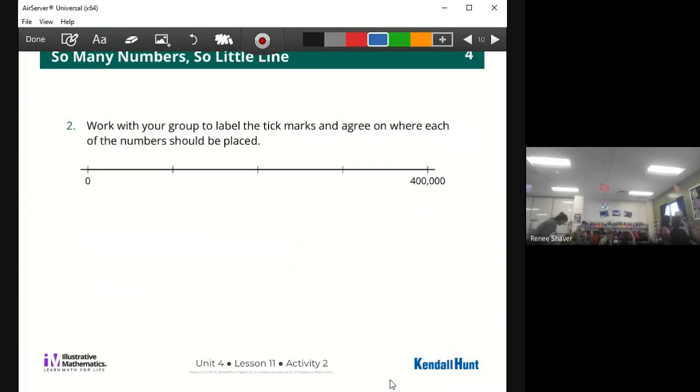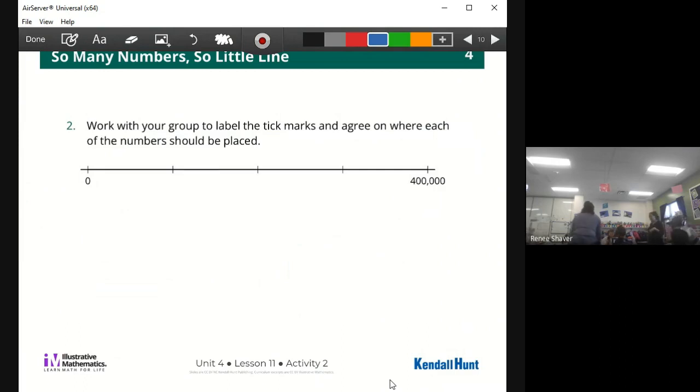Okay, so now we're on 2. What did you count by?